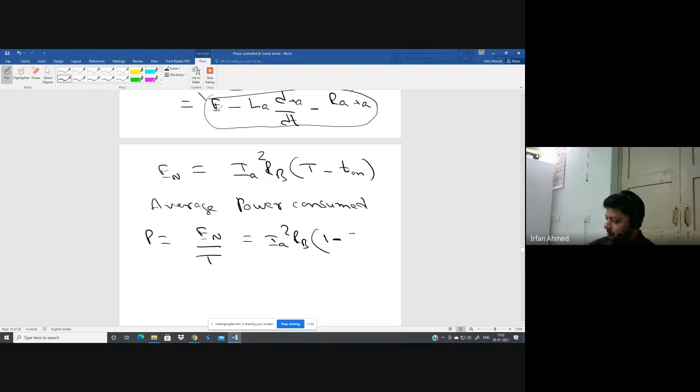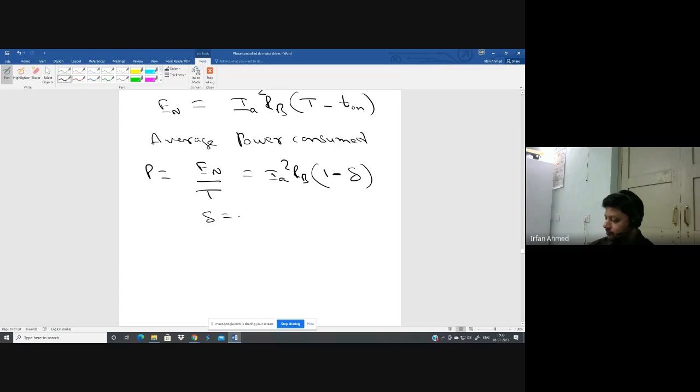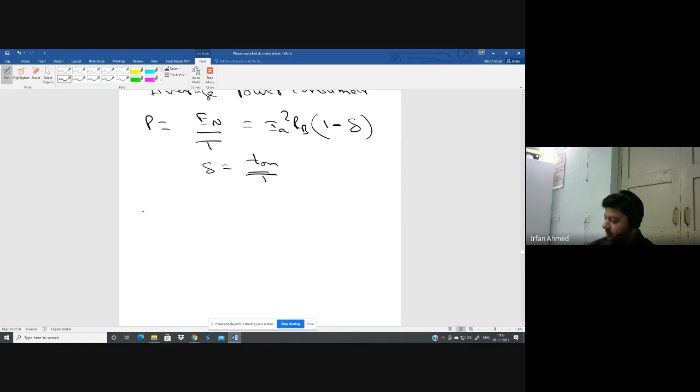So we assume that now the duty cycle is simply T on by T. So average power consumed by RB becomes IA square RB multiplied by 1 minus del, where del is equal to T on by T. So the effective value of RB will be equal to average power consumed by RB divided by IA square, which is RB multiplied by 1 minus del.